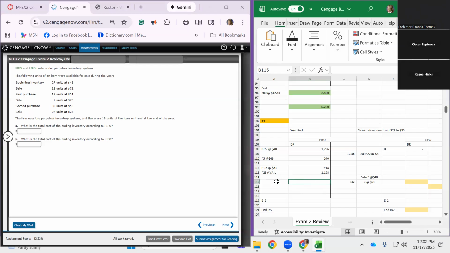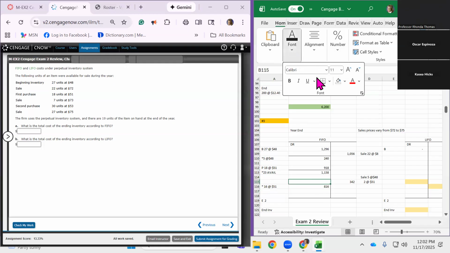So we're going to have a remainder again after that sale, and we'll put it here. So this is the remainder, and there are 16 left. We sold 2 of the $51 cost. There's 16 left at the $51 cost. Okay. And we would want to know what that is. Like I said, we're just making the flow here. Okay. So that would be 816 after that sale.